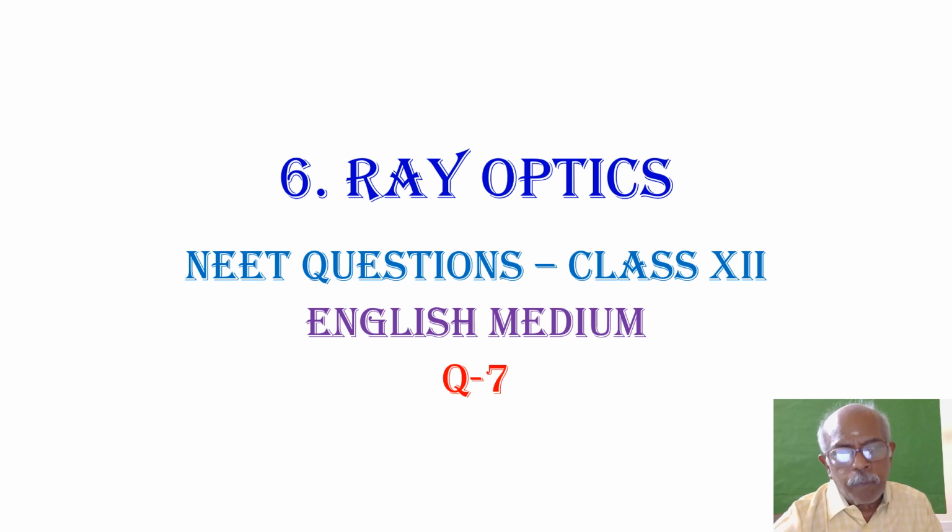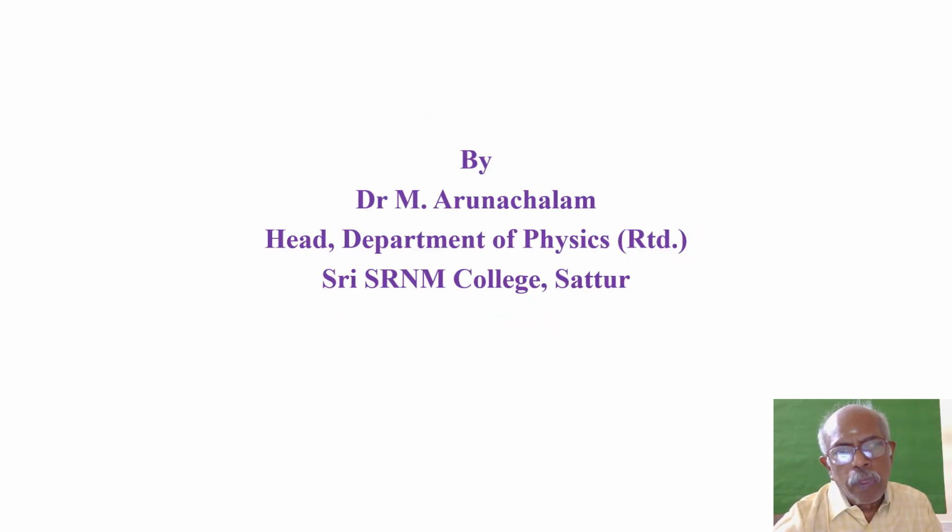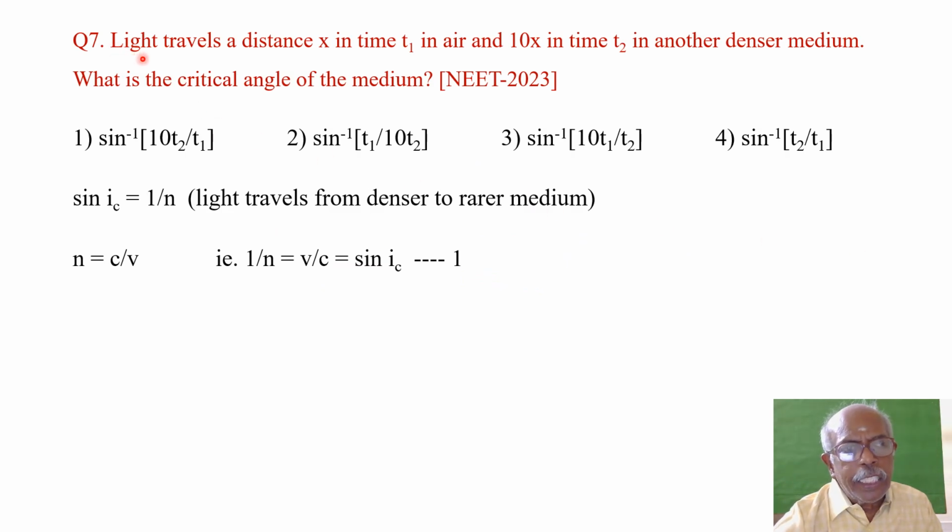In today's video, we are going to solve an MCQ in the chapter Ray Optics. So the question is, light travels a distance x in time t1 in air and another distance 10x, 10 times, in time t2 in another denser medium.